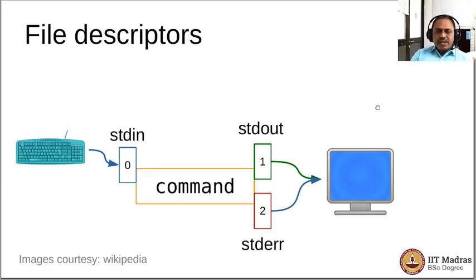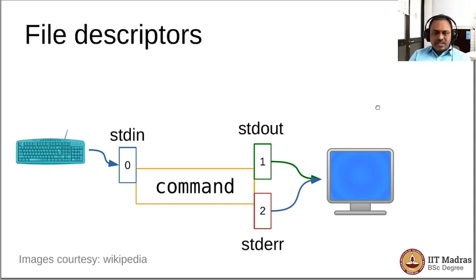Now we come to the concept of file descriptors. So in the C language, when you learnt how to read and write content with files, you would have come across the concept of file pointers, where you have a file pointer pointing to a file which you could read from or write to. So every command in Linux has three file descriptors.